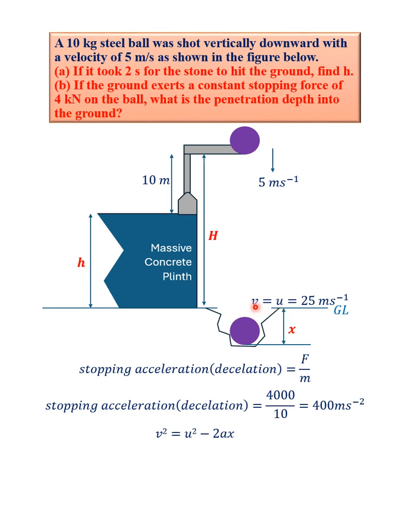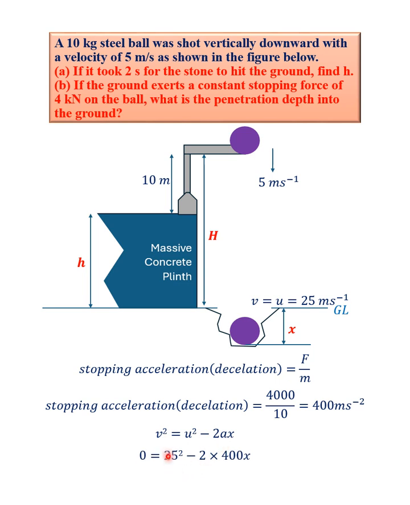So the final speed we calculated previously of 25 meters per second on hitting the ground becomes the initial speed for the second phase of the journey that begins from the surface. So u is 25 for this second phase, minus, because we are talking about deceleration. The acceleration is a negative acceleration, so it's no longer positive but negative. 2ax, where x is the stopping distance or the penetration into the ground. So we are looking for x.